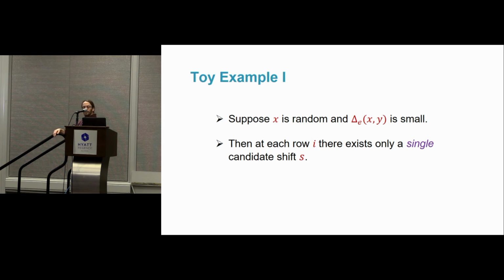If that is the case, then we can check whether x_i matches the only candidate shift, and we can do it by sampling. So we don't have to match x_i to all the possible shifts. In the case that x is random, and more specifically, if we know that there exists only a single candidate shift, then we can do well by sampling.